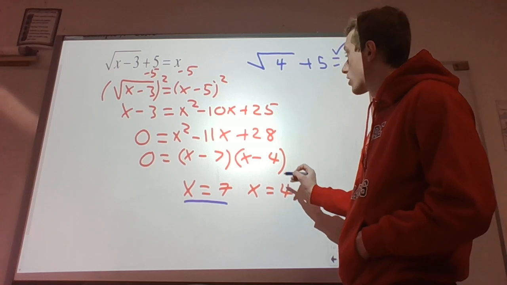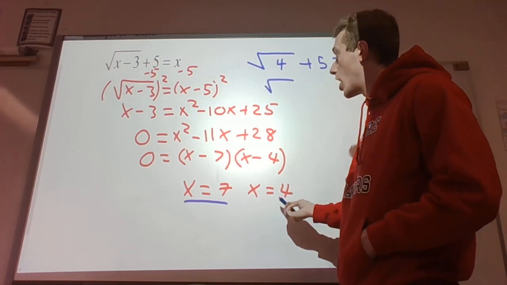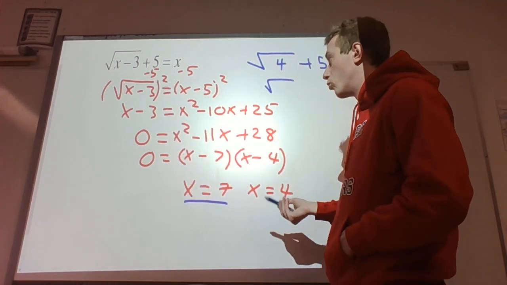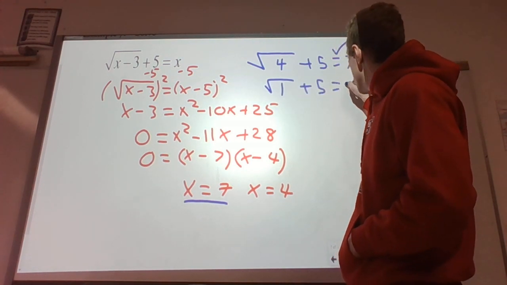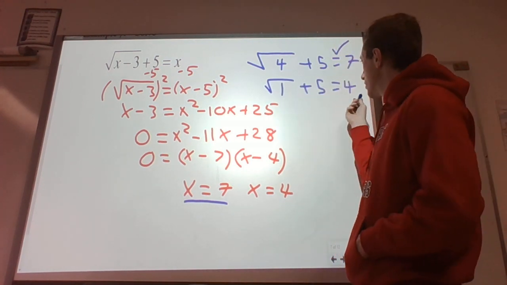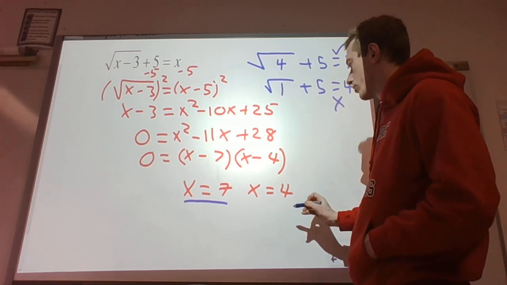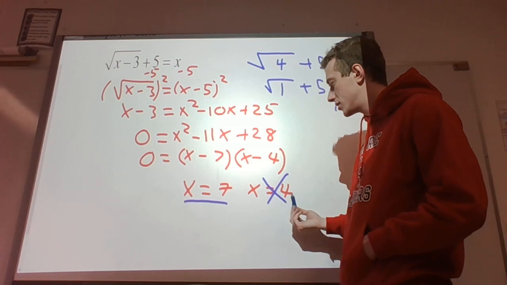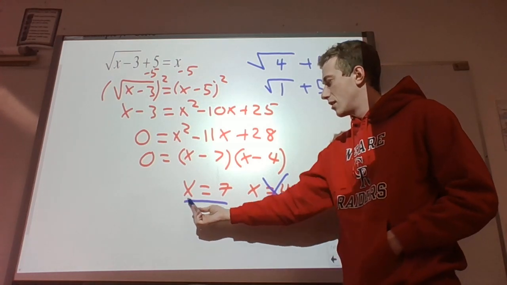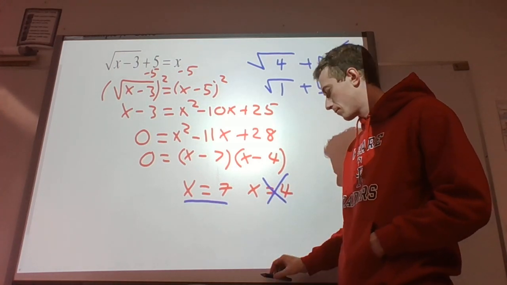What about 4? The square root of 4 minus 3, 1. 4 minus 3, 1, plus 5. Does that equal 4? That does not look like it equals, so we will eliminate 4. This was our extraneous solution. This is the solution that we desire.